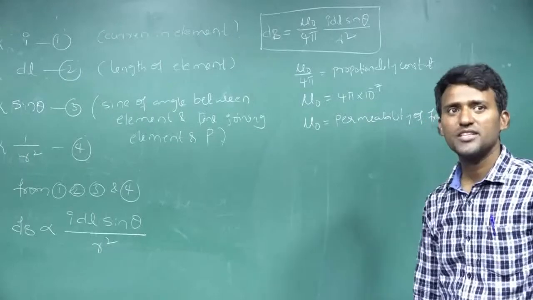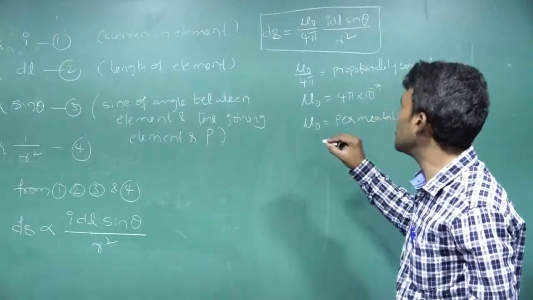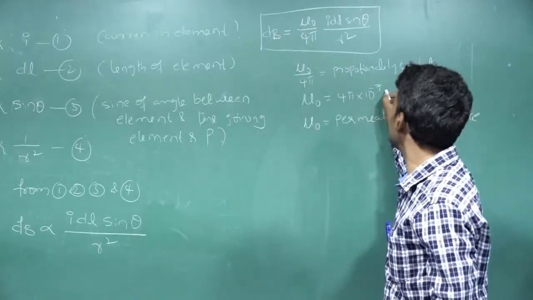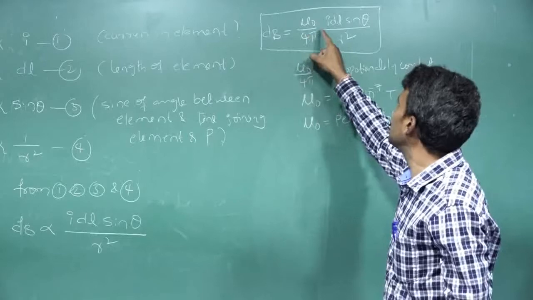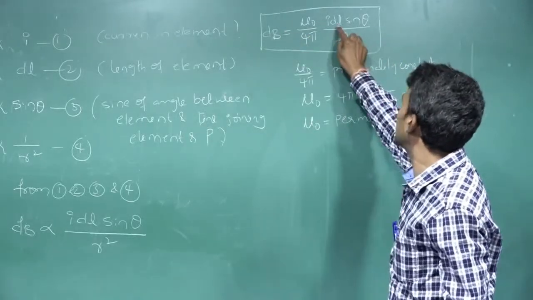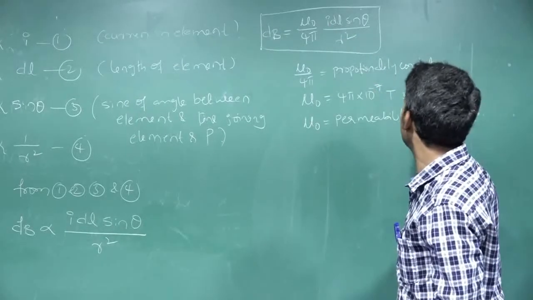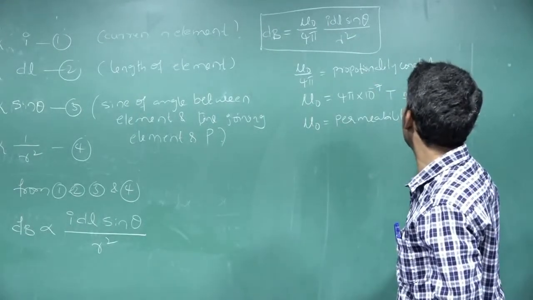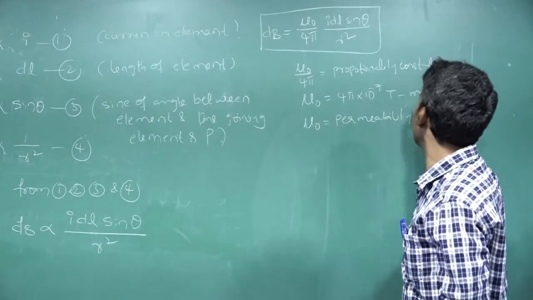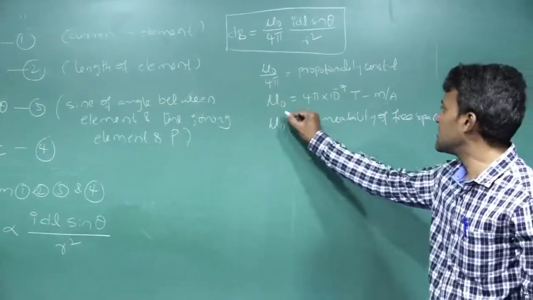What are the units? dB is in Tesla, r square is meter square, dl is in meters, and current is in ampere in the denominator, so meters get cancelled. The units are Tesla meter per ampere. That is the mu naught value.